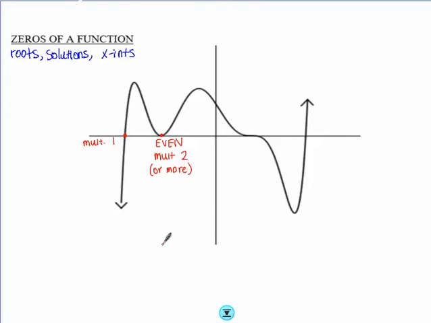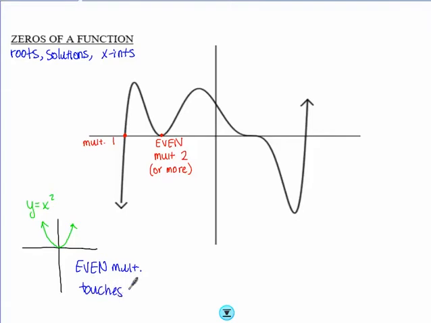The reason we know that this is an even multiplicity is because if you think about the graph of y equals x squared, it touches the x-axis but does not cross it. So, even multiplicity touches the x-axis.